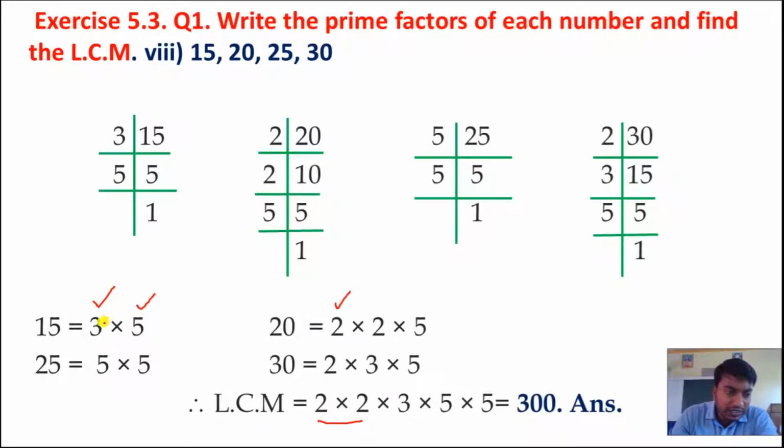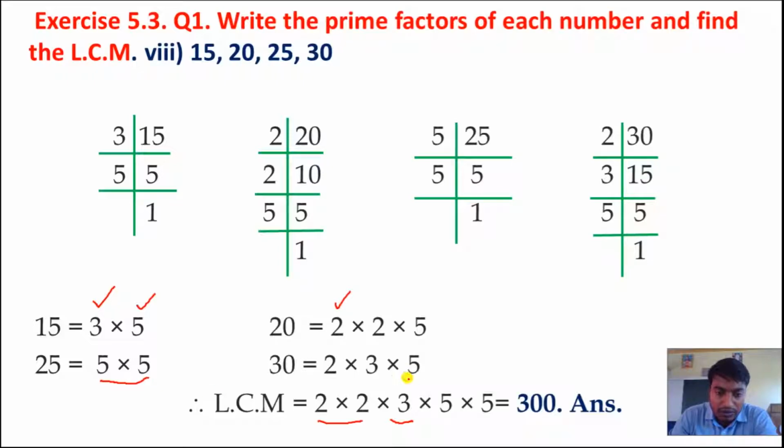Then we will check 3. Here we have 1 time, here we don't have, here also we don't have, here we have 1 time. So the maximum number of 3s is 1 time, so we will write 1 time. Clear? Now we will check 5. Here we have 1 time, here also 1 time, here 2 times, and here 1 time.